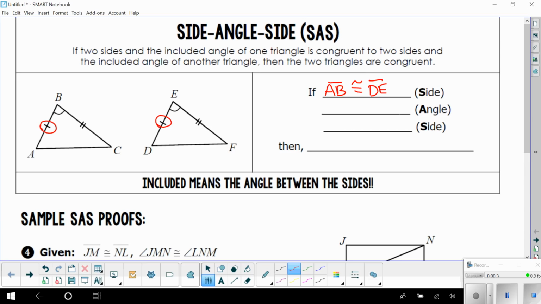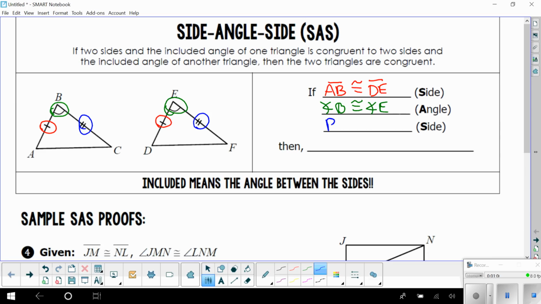So that's those two sides. The angle comes next, and because there's only one angle at those letters, you can just write angle B is congruent to angle E. And then you state the second side, the third part of the congruent triangle.